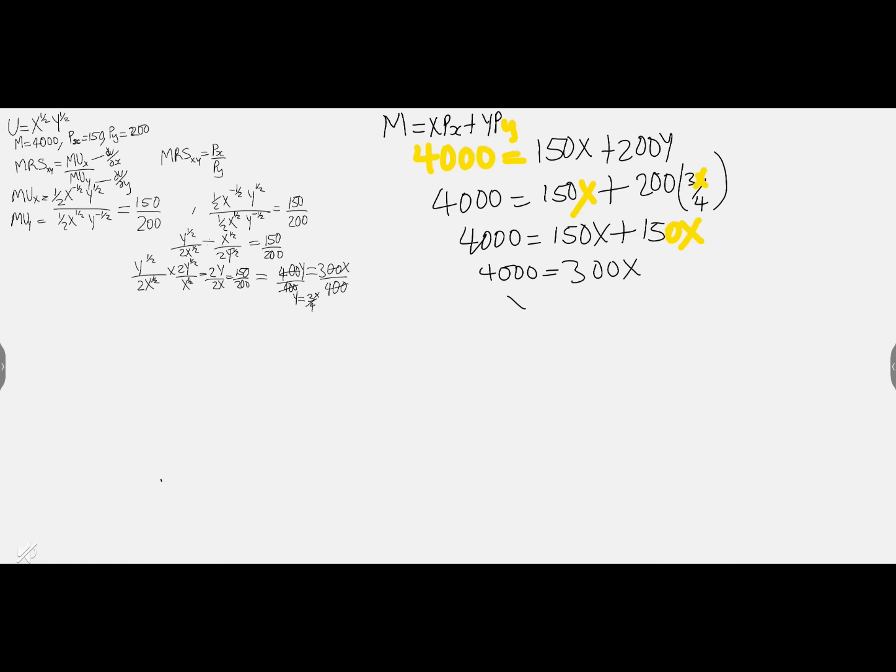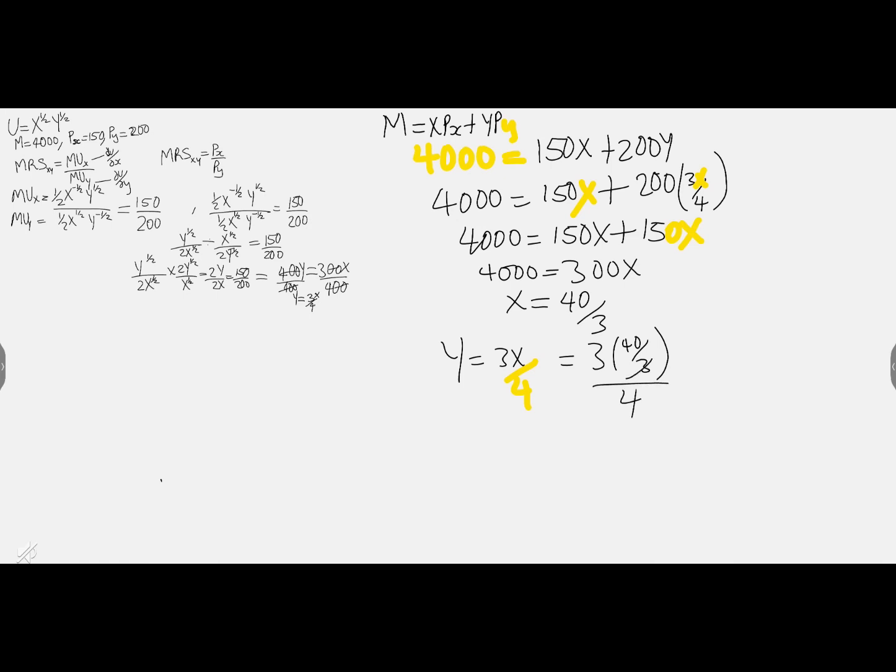So X is equal to 4,000 divided by 300. That's 40 over 3. So X is equal to 40 over 3, and Y is equal to 3X over 4. So Y is equal to 3 into bracket 40 over 3, over 4.